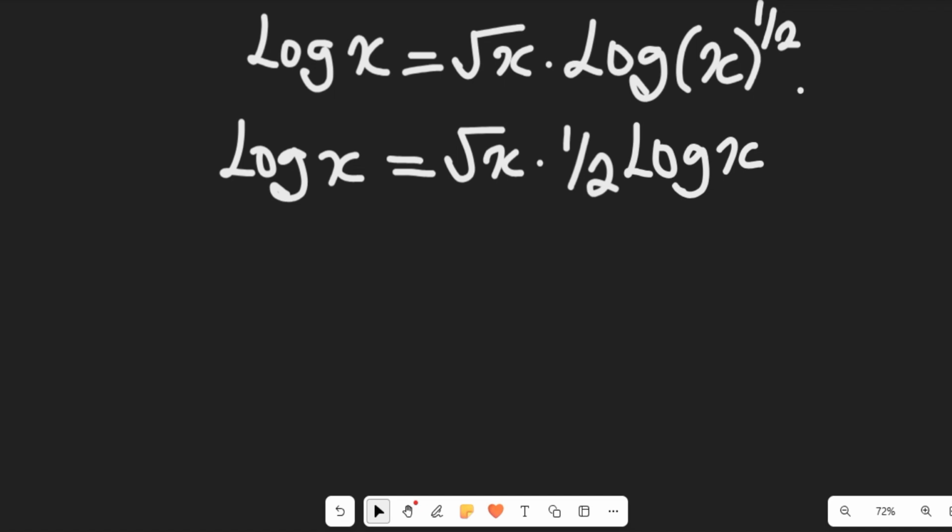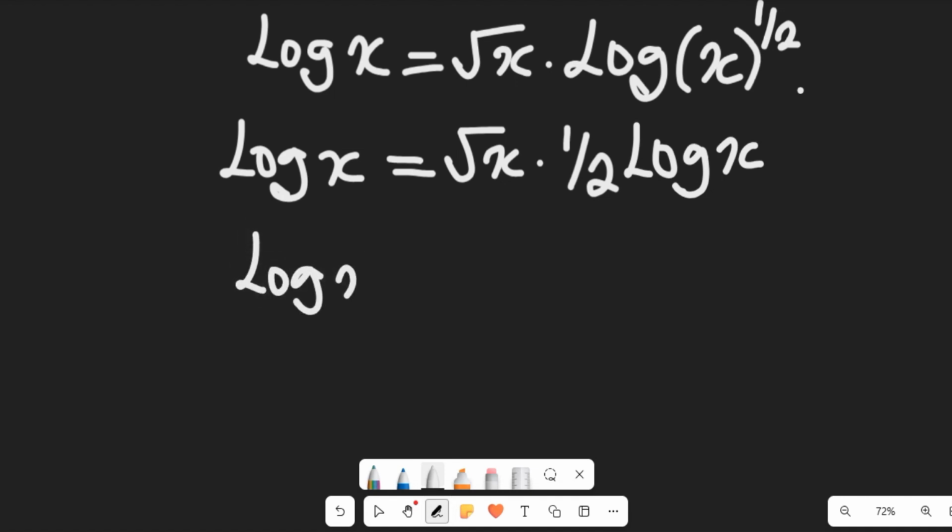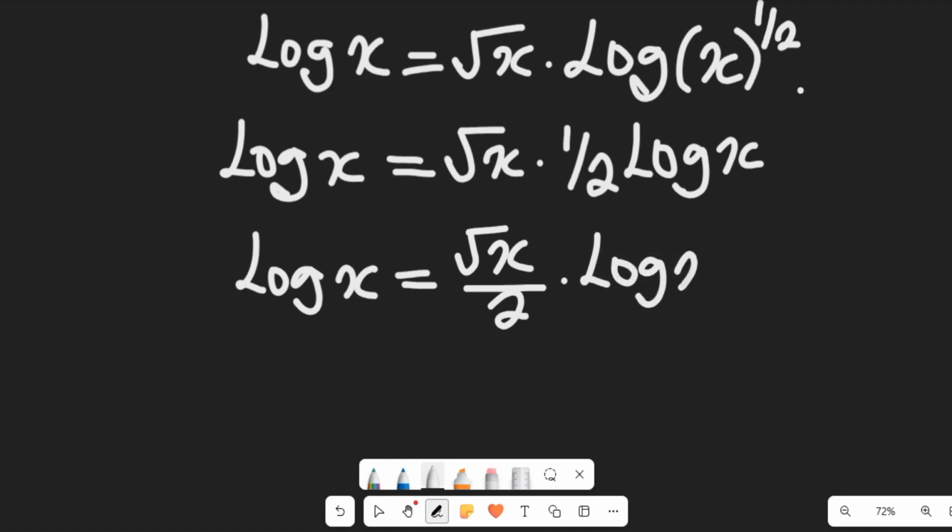So I'm going to simplify. Now, if I simplify this, this is simply going to give me the log of x in the next stage to be equal to the root of x divided by 2, right? And this will be multiplying the log of x.